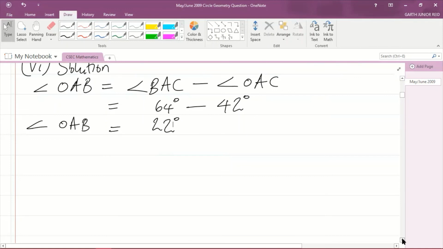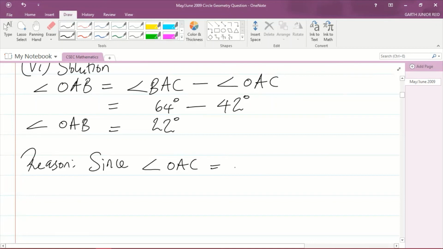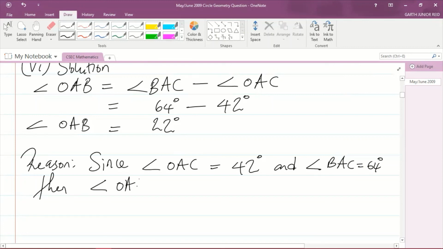Great. Now I'm just going to write a statement here as our reason. I'm just going to say, since the angle OAC equals 42 degrees and the angle BAC equals 64 degrees, then it means that the angle OAB equals the angle BAC minus the angle OAC.